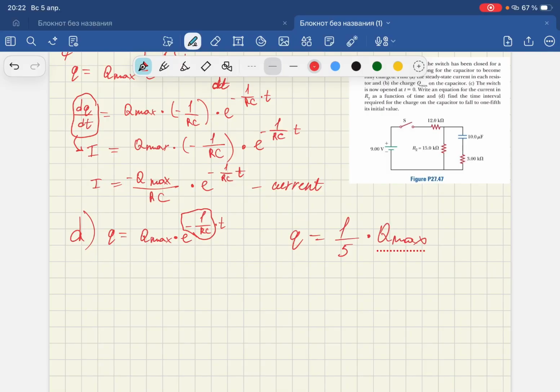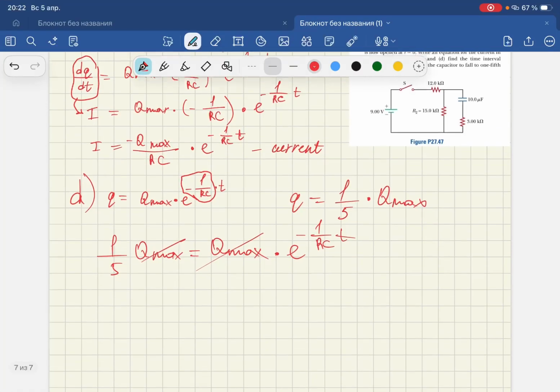If we put that given, 1 divided by 5 Q max equals Q max times e to the power of minus 1 divided by RCT. We can cancel Q max on both sides.